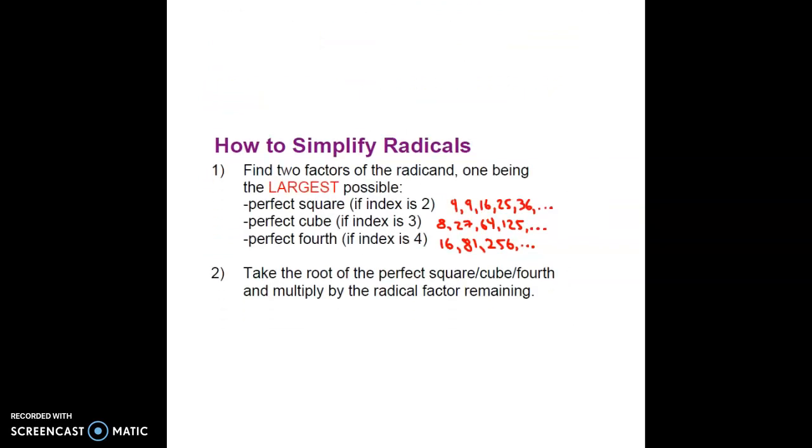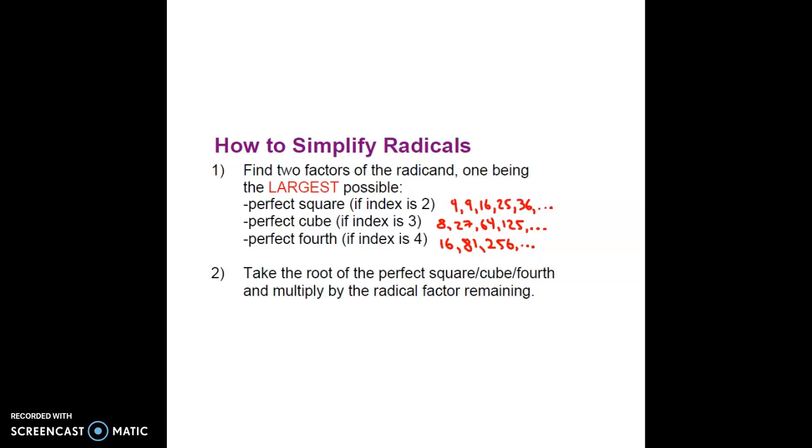So this is how we're going to use that information. We need to simplify radicals. So we find two factors of the radicand. Factors are numbers that we can divide the number by. So if the radicand is 12, we can say 6 and 2. But one has to be the largest possible perfect square, perfect cube, or perfect fourth, right?